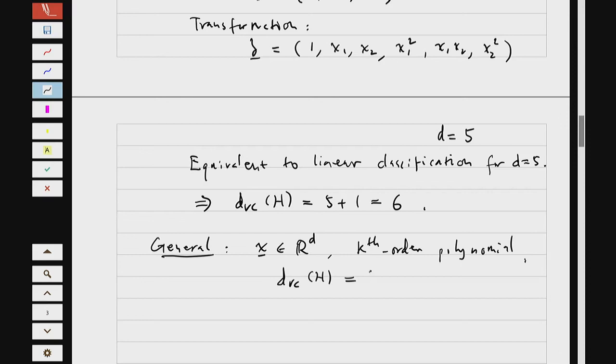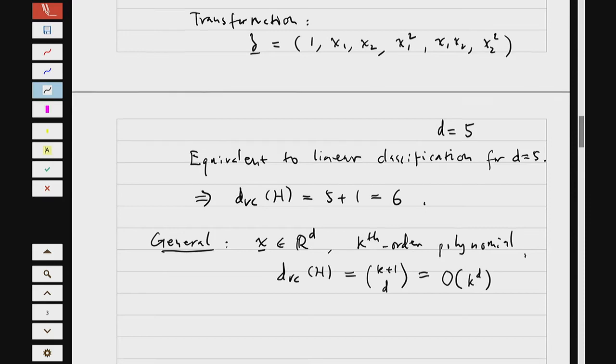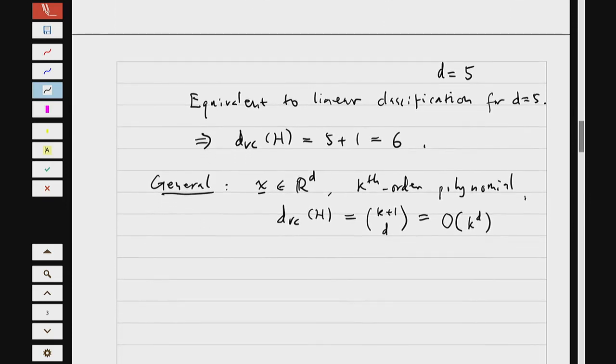It is going to be k plus d choose d, just by the binomial theorem. So it's big O of k to the d power, roughly. K to the d power is your VC dimension for nonlinear transformation. Clearly, higher order nonlinear classifiers would have a higher VC dimension, just by looking at that.